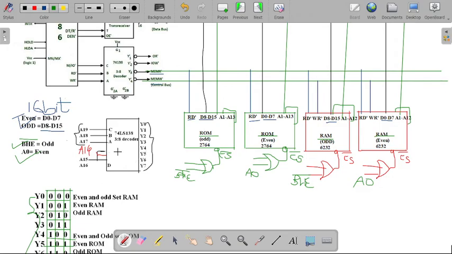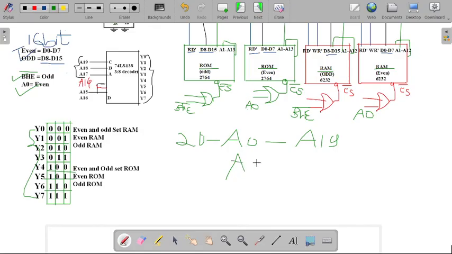Now you can see that we are using 13 address lines for our ROM and 12 address lines for our RAM. And A0 is always used for our even banking. So out of the 20 address lines, we are using A0 to A19 signals for our address line. So A0 we have already done with our even memory banking. A1 to A13, those address lines we have already done with the help of our ROM structure.